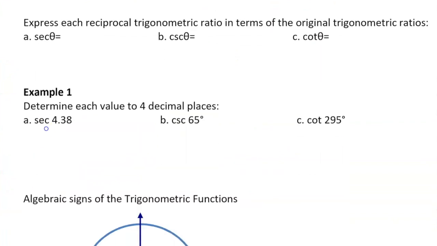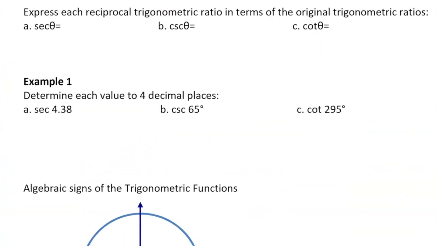Okay, so the first thing is, how would you express this in a calculator? So secant pairs up with cosine, and we do know that cosine is adjacent over hypotenuse, but if we're told that they're the reciprocal trig ratios, another way of being able to express that would be to say secant is equal to 1 over cosine.